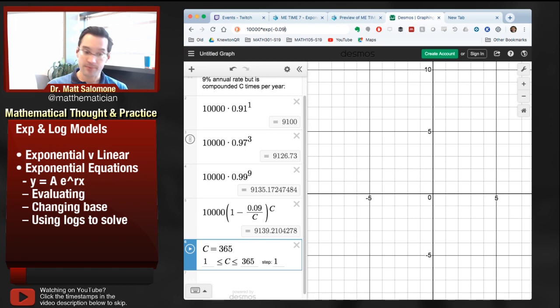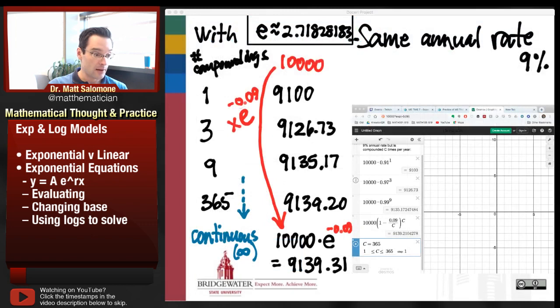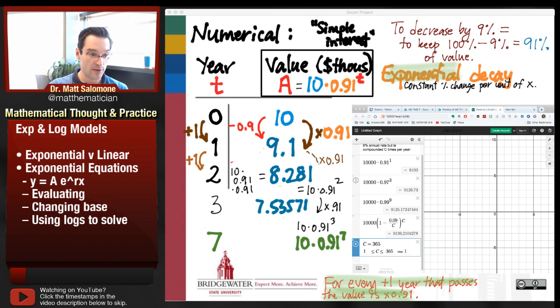I'm going to jump back to our previous screen here. So when we were taking a simple depreciation or a simple interest type of model to model what's going on in this example, every year we were multiplying by 0.91. And so in that exponential expression, we would call 0.91 the base of that expression. Base is 0.91.